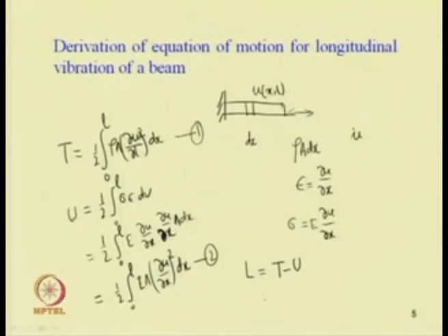So, using this Hamilton principle one can write integration T1 to T2, del L plus del W N C dt equal to 0.